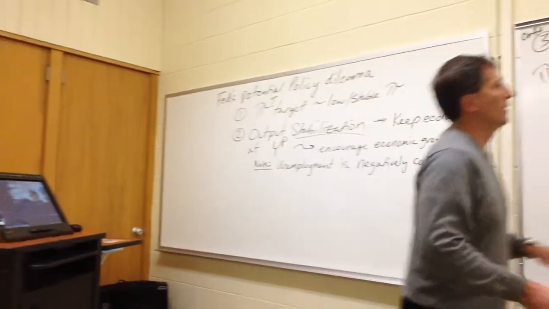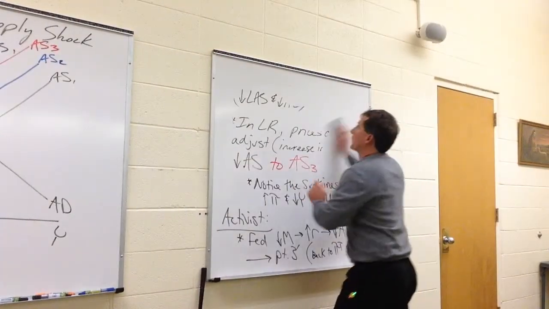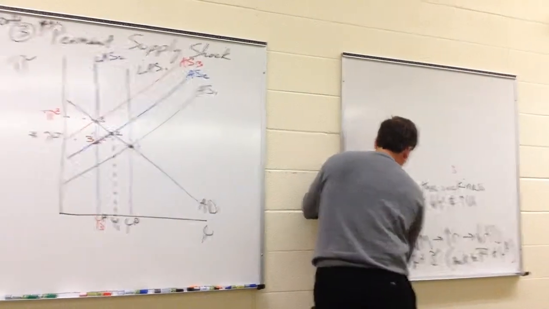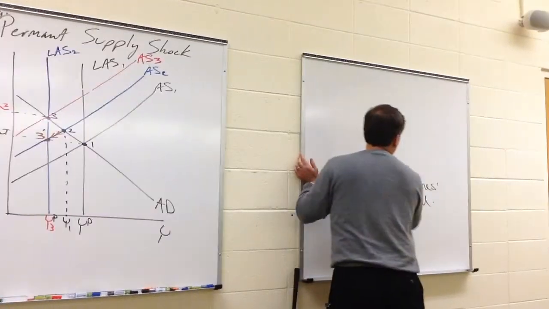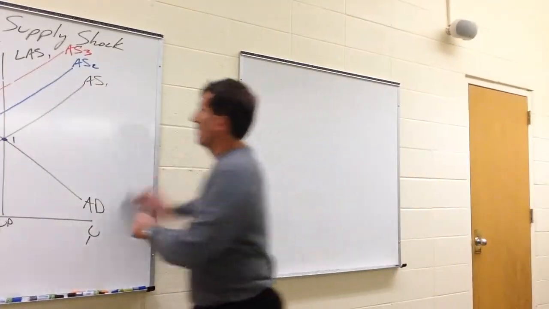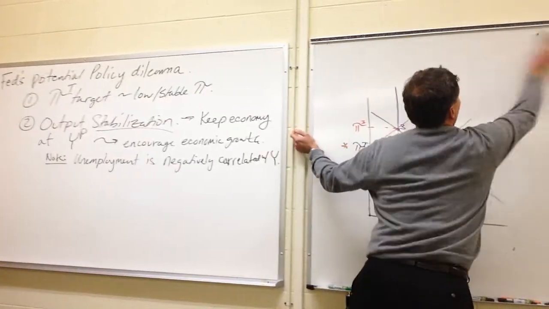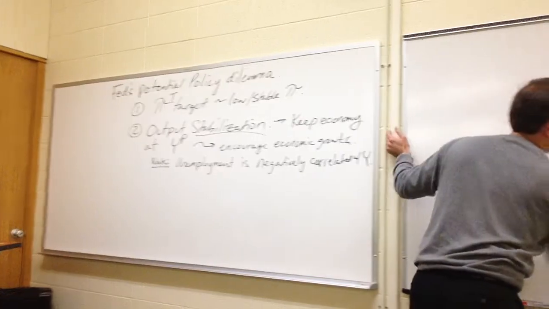All right, so I want to come back to the temporary supply shock and tie in more of this output versus inflation targeting as the policy choice.